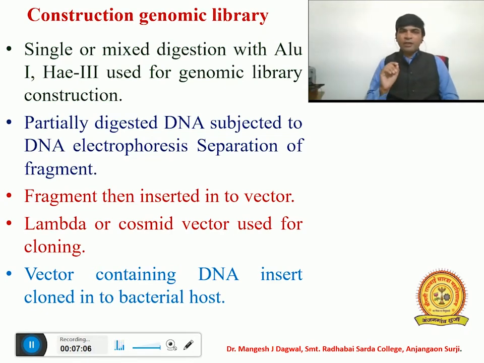The vectors used especially for the construction of the genomic library are the lambda or cosmid vectors, because they have a greater capacity to insert the gene of interest. Near about 25 to 30 kb of DNA fragment can be inserted into that vector. That's why this vector may be used for the construction of the genomic DNA library.